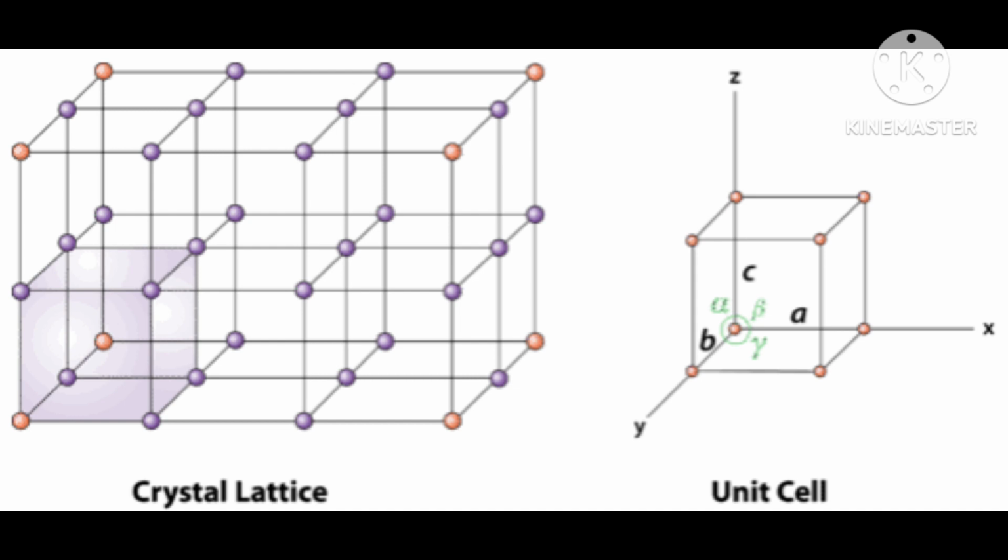Count the corners: 4 corners upside, 4 corners down, total 8 corners. If atoms are found only at the corners, not in the middle or sides, then 8 corners means 8 atoms, or 8 ions, or 8 molecules.